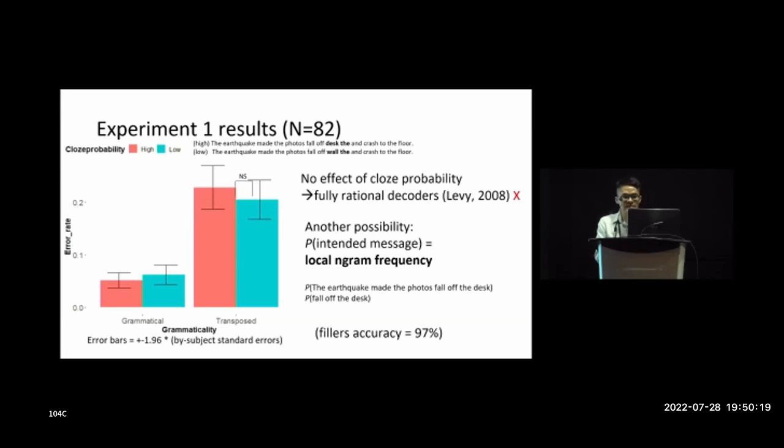That is, instead of considering the prior probability of the whole string seen so far, they consider only the prior probability of the string of a few words seen before and at the transposition. This variable can be easily quantified by the frequency of co-occurrence of these words in some very large linguistic corpus, which is also known as the n-gram frequency.